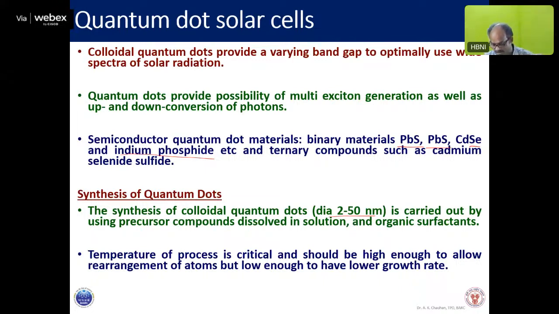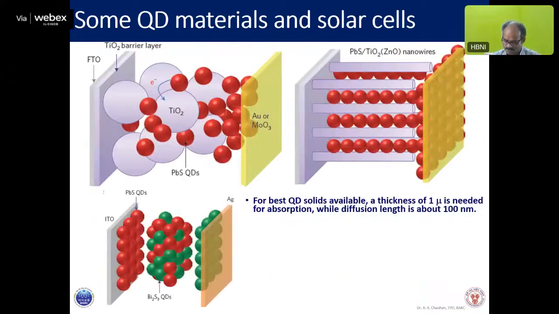So agglomeration is a big issue that has to be stopped, and there are many methods to stop it and keep the size of quantum dots at a desired level. The temperature of the process is very critical, and the surfactant also plays an important role.